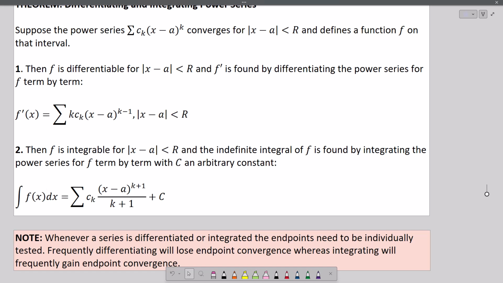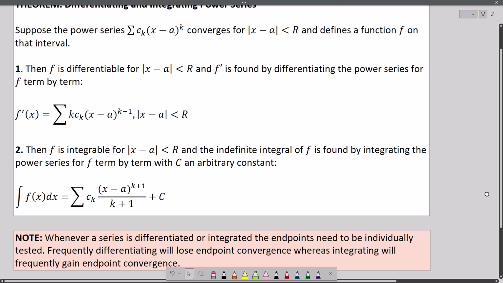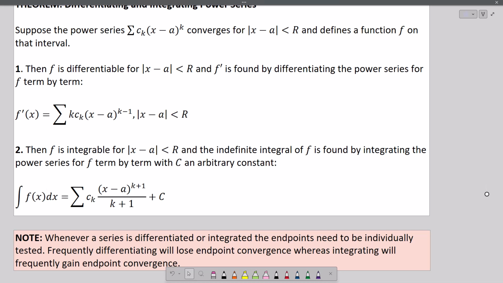So if we've got this power series there, to differentiate it, you pop the k down and subtract 1. That's how you differentiate a polynomial. The derivative of x to the 4th is 4x cubed. So all you do is pull the power down and subtract 1 from the exponent. That's what they're showing us here.